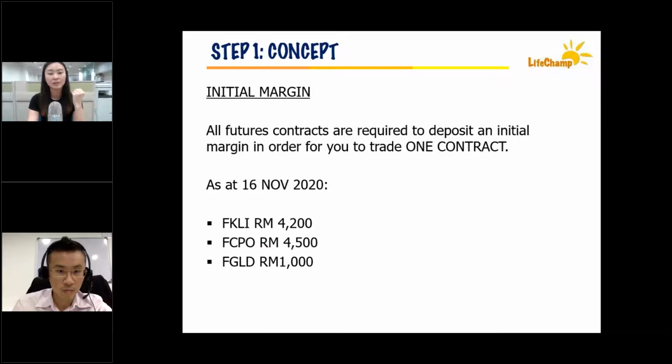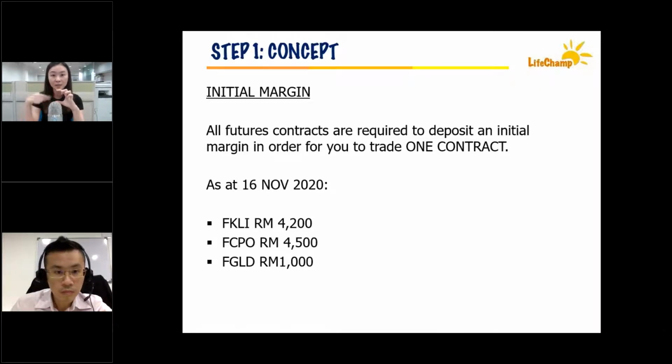How does a margin call work? Just now I mentioned that for FKLI you have to put in a minimum of 4,200 to go in one contract. If, let's say, you long FKLI at 1,500 and the price drops to 1,450, you are losing 50 ticks. Later I will guide you how to calculate the value.